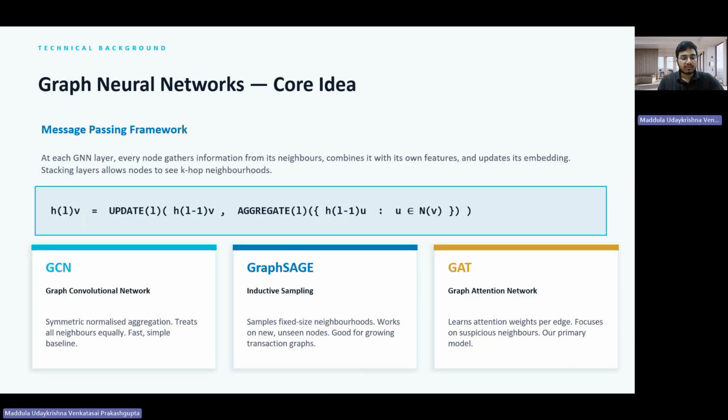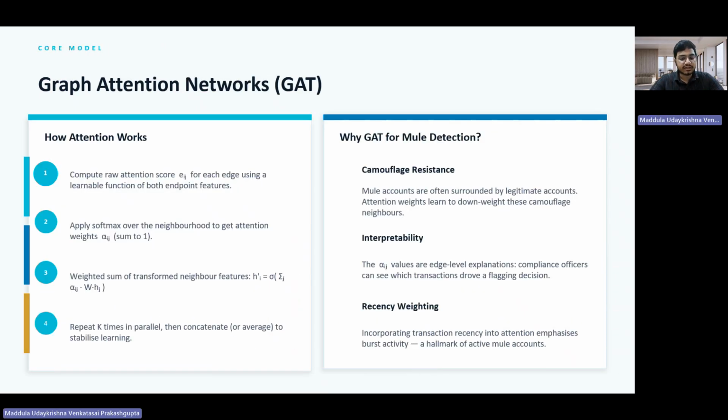Now let us know what are graph attention networks. Graph attention networks improve GNNs by assigning importance weights to neighbors. Instead of treating all neighbors equally, it learns which transactions are suspicious. The steps followed by GAT are: it computes attention scores, normalizes using softmax, and does weighted aggregation.